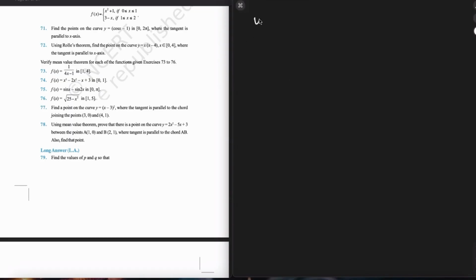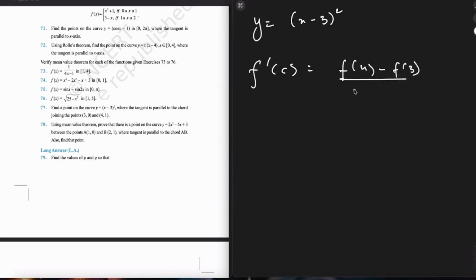Find the point on the curve y equal to (x minus 3) square where the tangent is parallel to the chord joining the points 3,0 and 4,1. So this is the same thing like I told you before in Rolle's theorem also. This is the geometrical interpretation of what I made you imagine by making the graphs. So let's just solve this question like we have been doing till now. F dash of c is equals to f4 minus f3 divided by 4 minus 3.